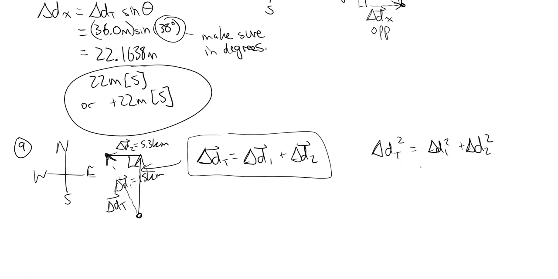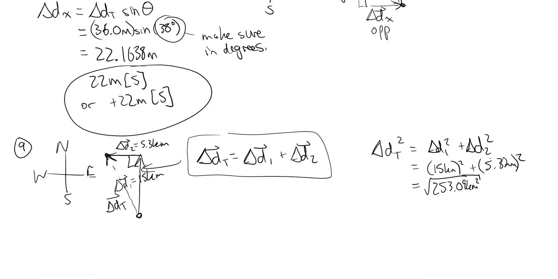It's the Pythagorean theorem. And so delta d1 is 15 kilometers squared. Delta d2 is 5.3 kilometers squared. And that gives us a total of square root of 253.09 kilometers squared.